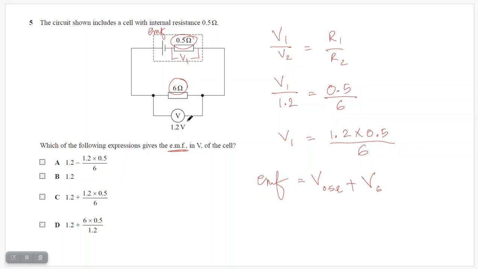And you already know the potential difference across the 6 ohm resistor is 1.2. So the EMF would be 1.2, this one comes over here, plus the potential difference across 0.5 ohm, which would be 1.2 times 0.5 divided by 6, which we just found out. And look over here, then C, not D.